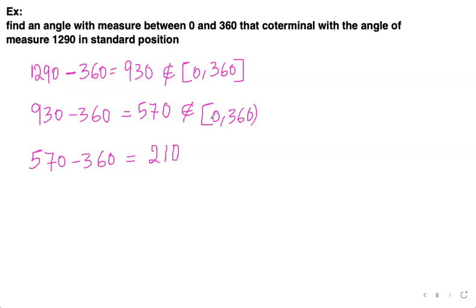Is this angle between 0 and 360? Yes, this angle is between 0 and 360. So this angle is coterminal to 1290, and it is my solution for this example.